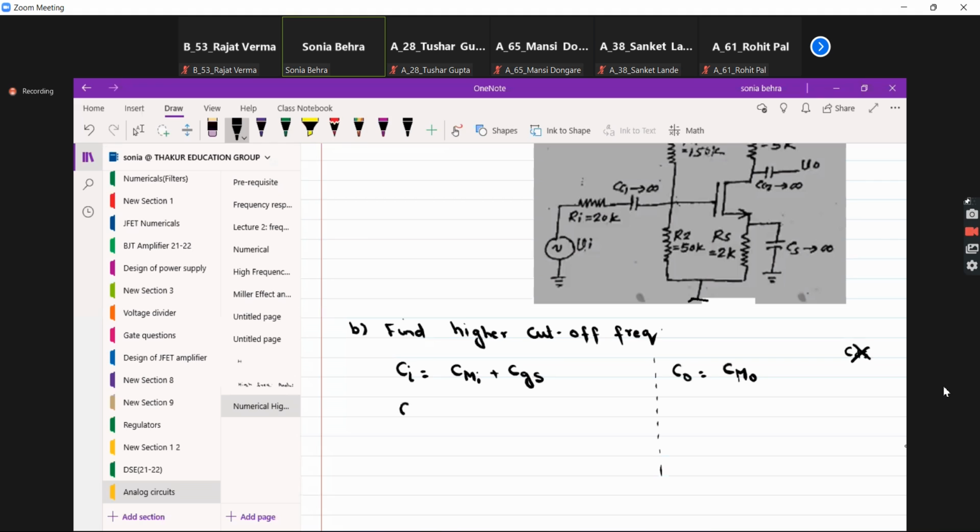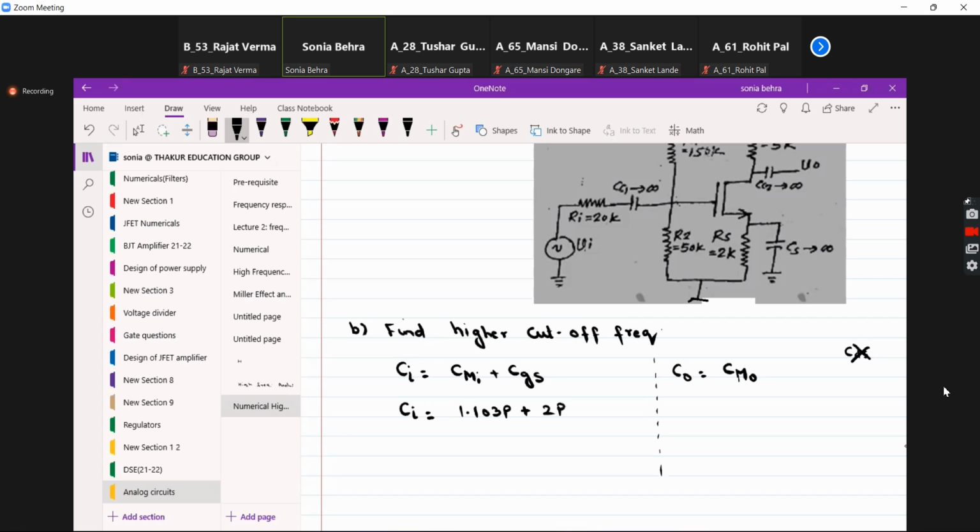So find out the value of CI. CI is equal to CMI plus CGS. CMI was 1.103 pico plus CGS. CGS is how much? 2 pico, given in the question.